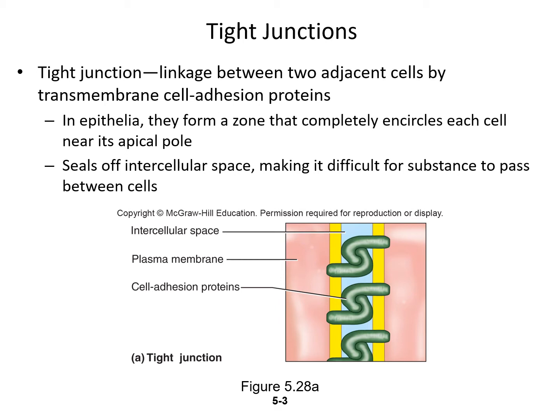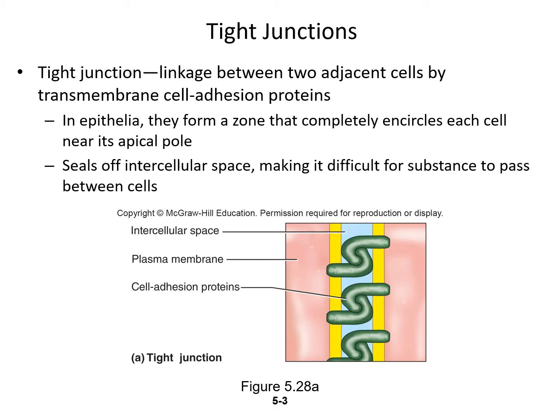Now, like I said, with the stomach and small intestine, because of the highly acidic environment within the stomach due to hydrochloric acid and also various digestive juices that are being added to the GI tract, it's really important that we have some system for preventing those digestive juices from seeping between cells of the epithelial layer into the connective tissue below that.